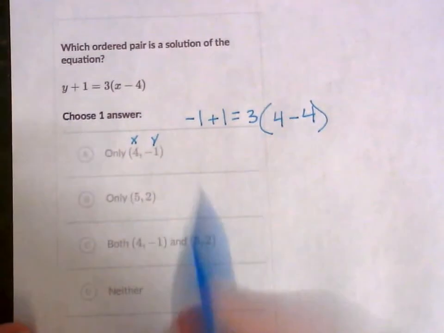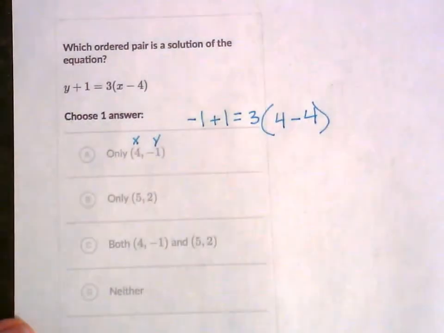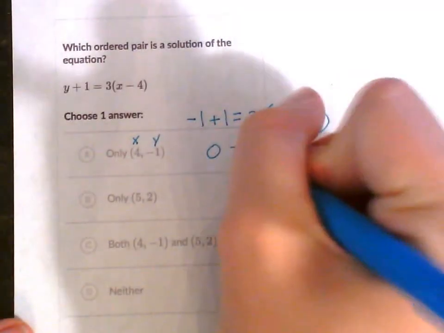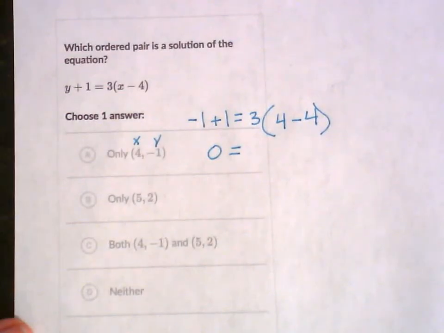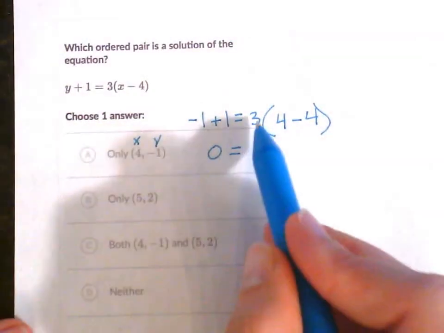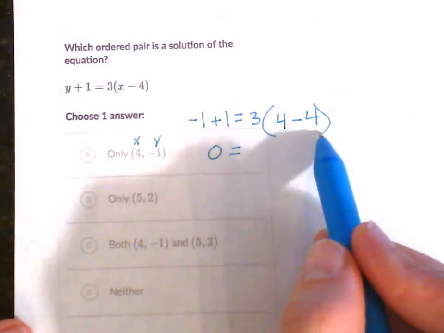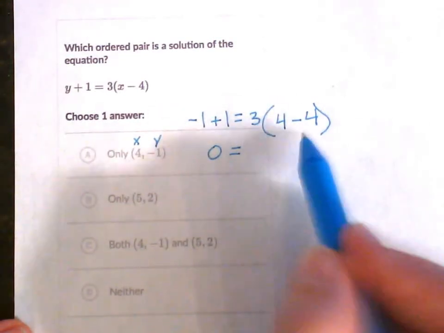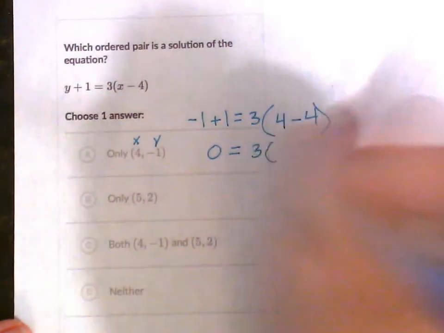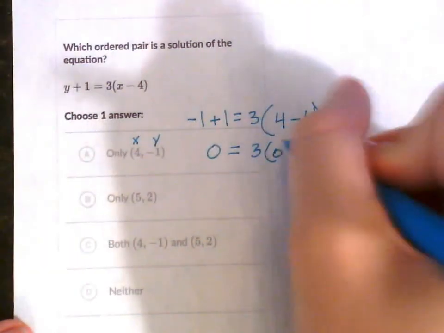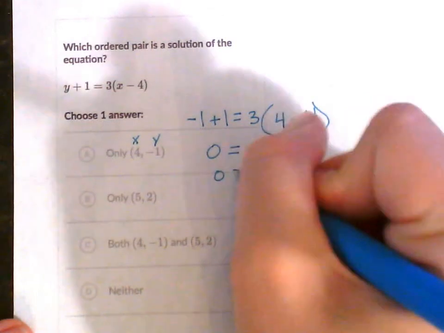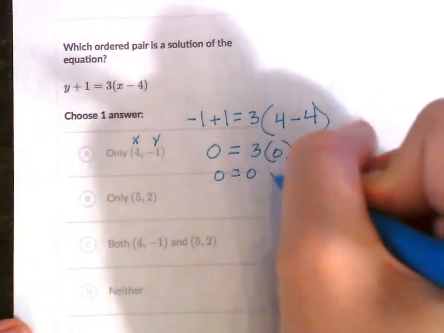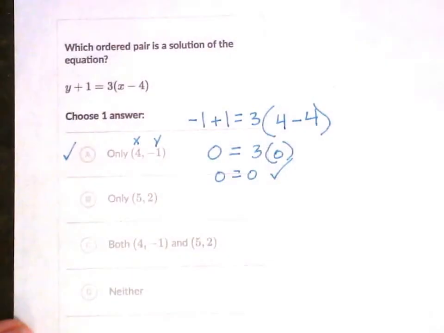Okay, so -1 plus 1, that's 0, equals 3 parentheses 4 minus 4. Well, we could distribute that 3 throughout, but we can combine this. That'll be easier. 4 minus 4 is 0. Okay, so 0 equals 3 times 0 is 0. Yes, awesome. So it's definitely that one.